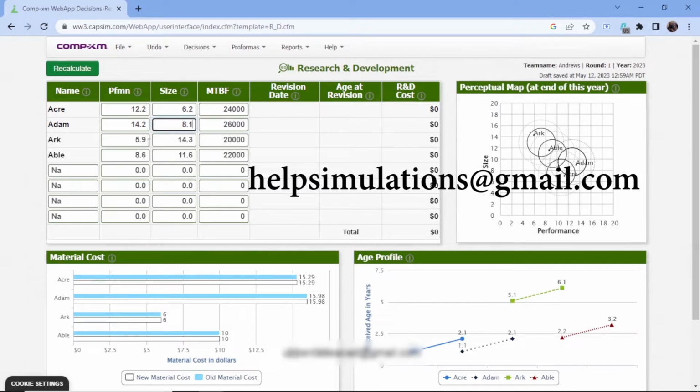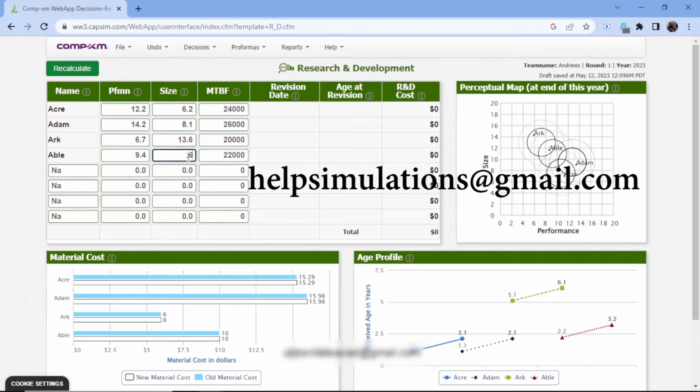Then for ARC product, I'll give it a performance of 6.7, a size of 13.6, and again here I'll not touch my reliability also, because I want my product to be more reliable than those of my competitors. So in the Able, this is the core market segment, I'll give it a performance of 9.4 and a size of 10.8.